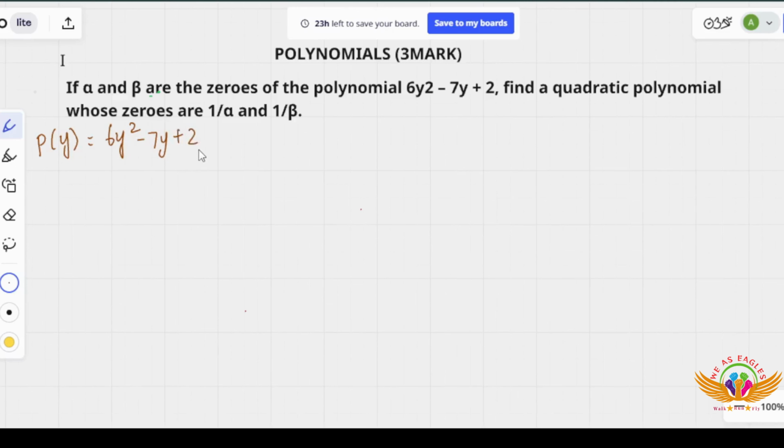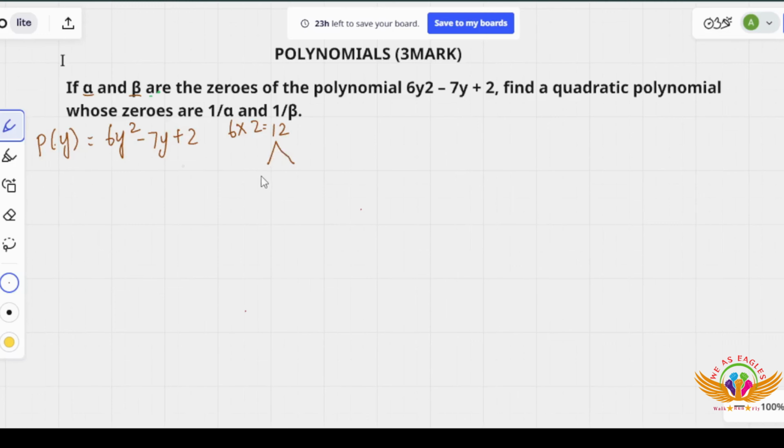This is the polynomial they have given and first we need to find out the zeros, what are alpha and what is beta. Alright, so let us do factors quickly. That is 6 into 2, that is equals to 12. And for the number 12, we have 6 twos are 12 and 4 threes are 12.